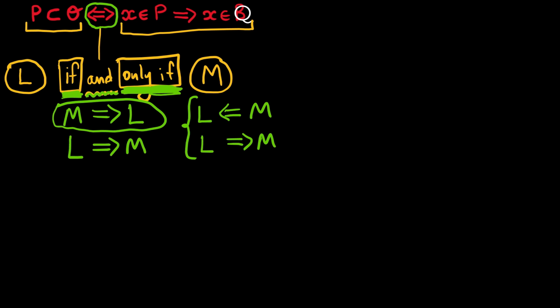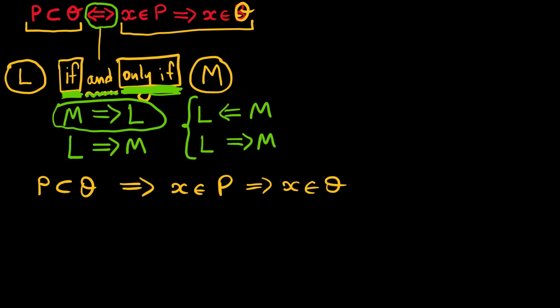Well, it says that if P is a subset of Q, then it must be the case that should you pick X to be an element of P, and I apologize, over here at the top, it should have been a Q, that should you pick X to be an element of P, it must necessarily also be an element of Q. So that's the left to right.